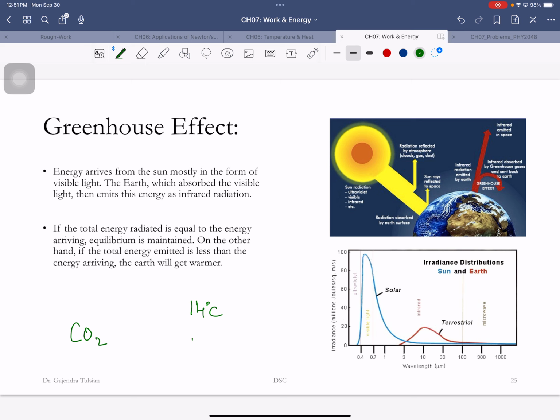Today, it's about 15.3 degrees Celsius. Your goal is to be below 16 degrees Celsius. Now, how did we get from here to there?